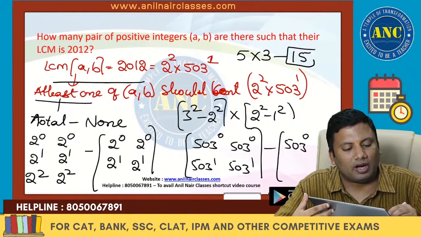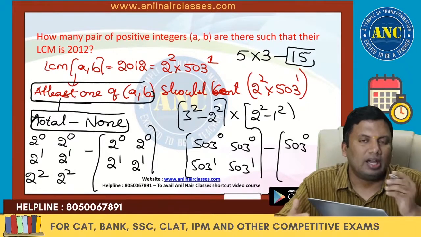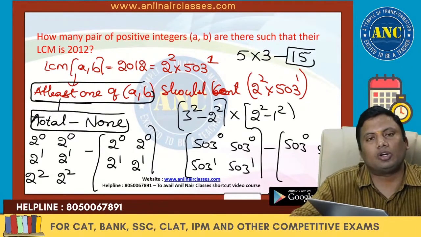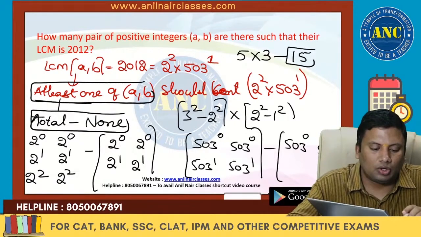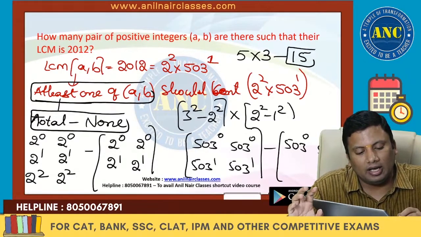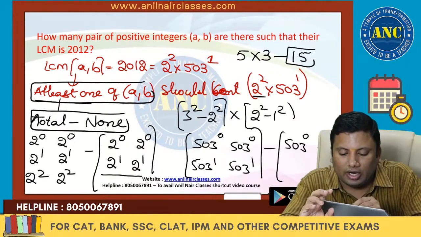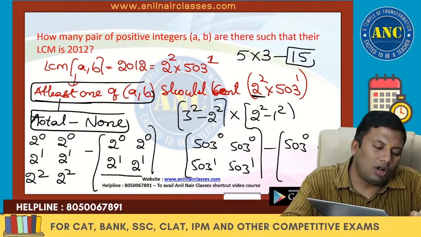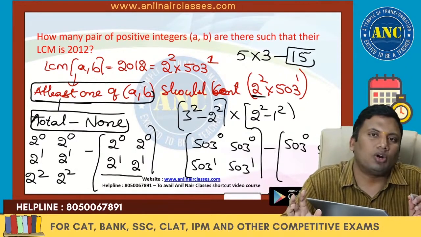At least one is nothing but total minus none. Total all the powers of 2 onto A and B. Similarly, don't take 2 square. At least one should contain 2 square means all the powers of 2 minus do not take powers of 2. Total minus none.